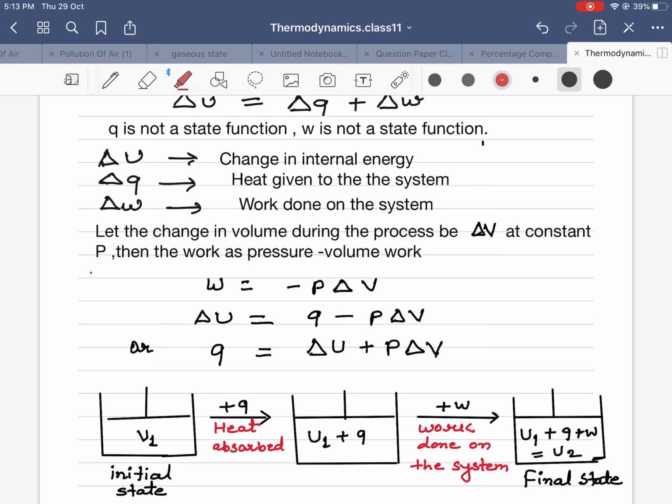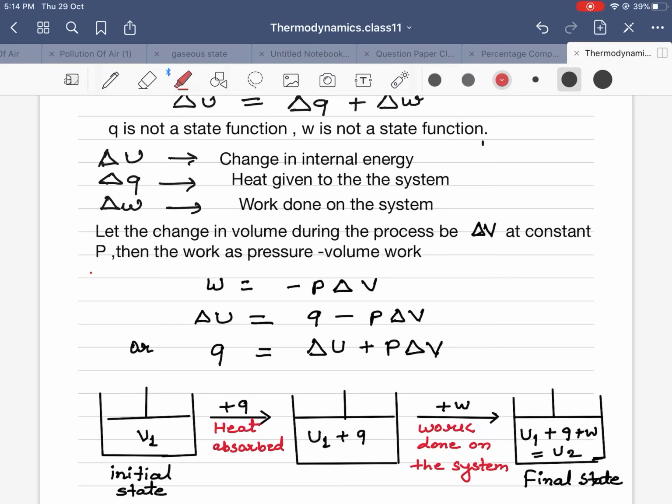If it absorbs heat Q, its internal energy will become U1 plus Q. If further work W is done on the system, the internal energy will further increase and become U1 plus Q plus W. Let us call this final internal energy as U2.